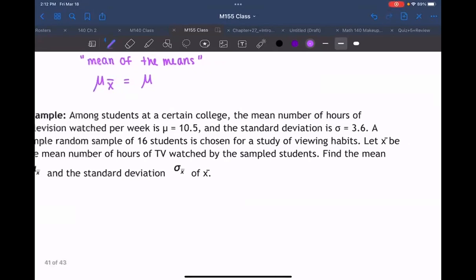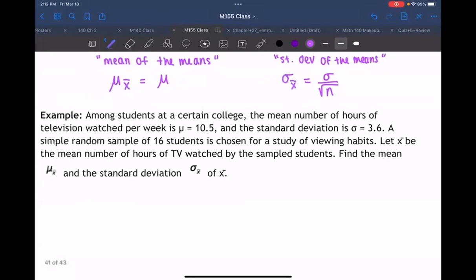When we're talking about the standard deviation of the means, we use this symbol with the mean symbol below it, and we use this formula: the standard deviation over the square root of n, the sample size, or how many things are in the sample.